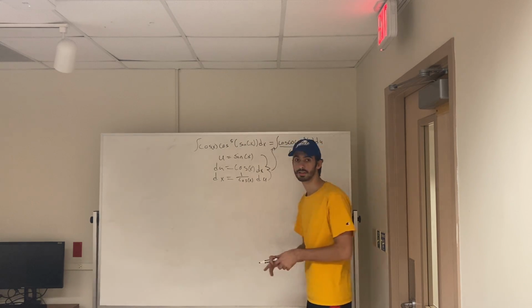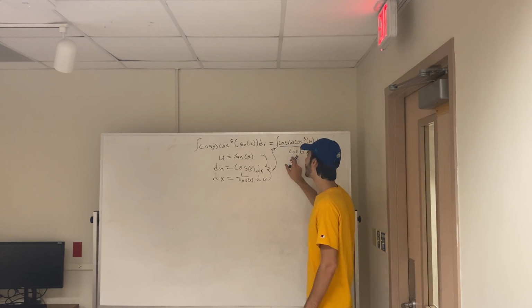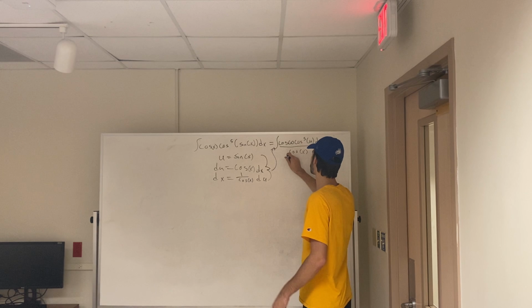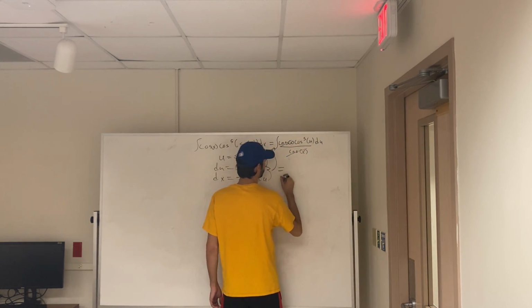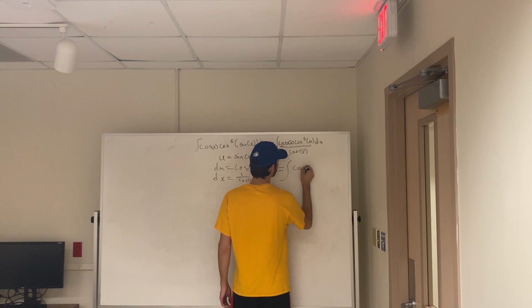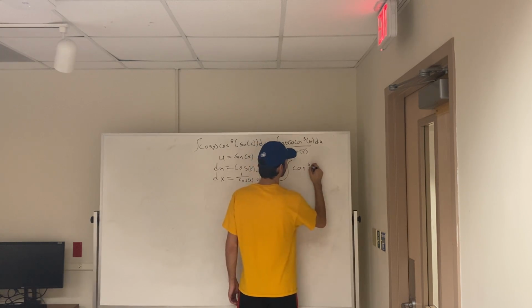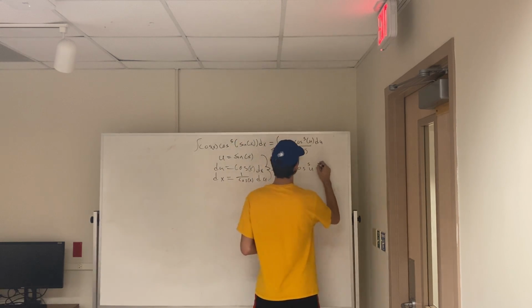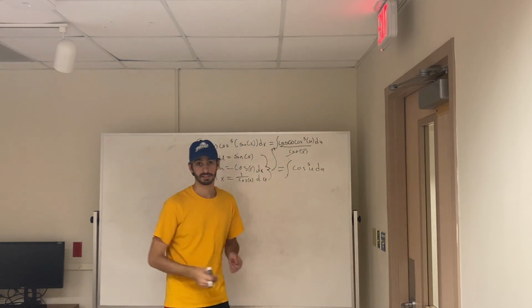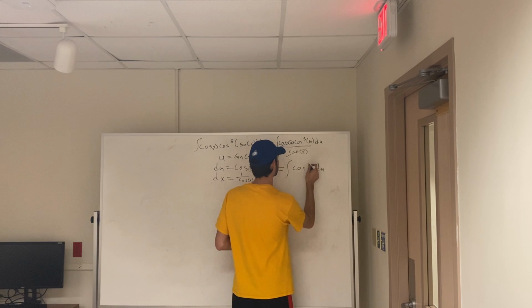Do you see anything similar there? We have a cosine x on the top and a cosine x on the bottom. We can just get rid of those two. And that's going to give us the integral of cosine to the 5 of u du. Okay, looking a lot better.